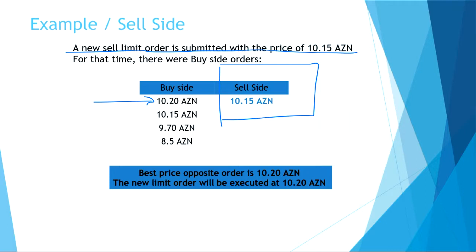So when we submit our order, with price 10.15 and quantity one, submitting both price and quantity, this order will be executed at 10.20 because on the buy side there is a higher price. 10.20 is already in the order book. So the execution price will be 10.20, not 10.15, because we have a higher price on the buy side. Clear question?